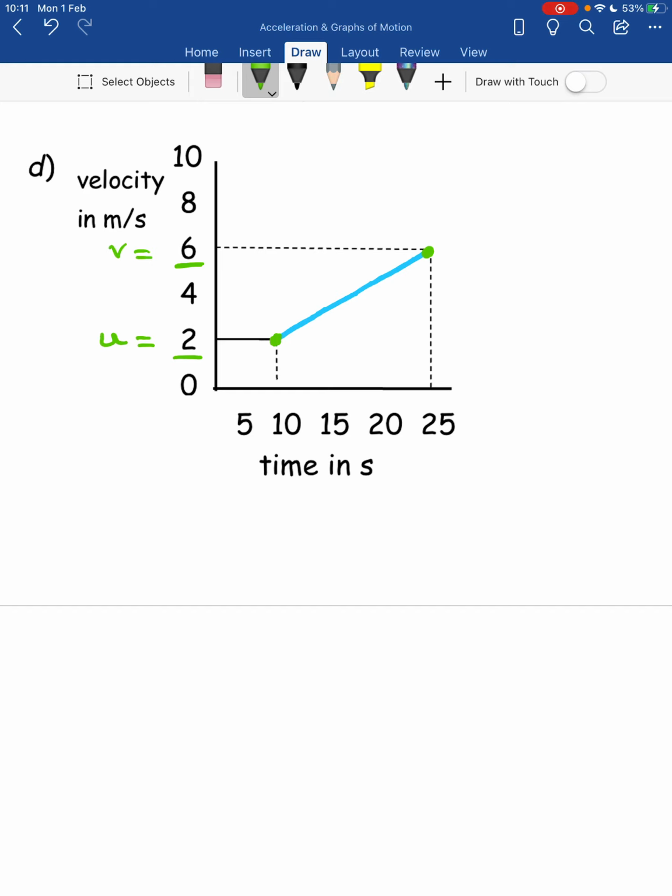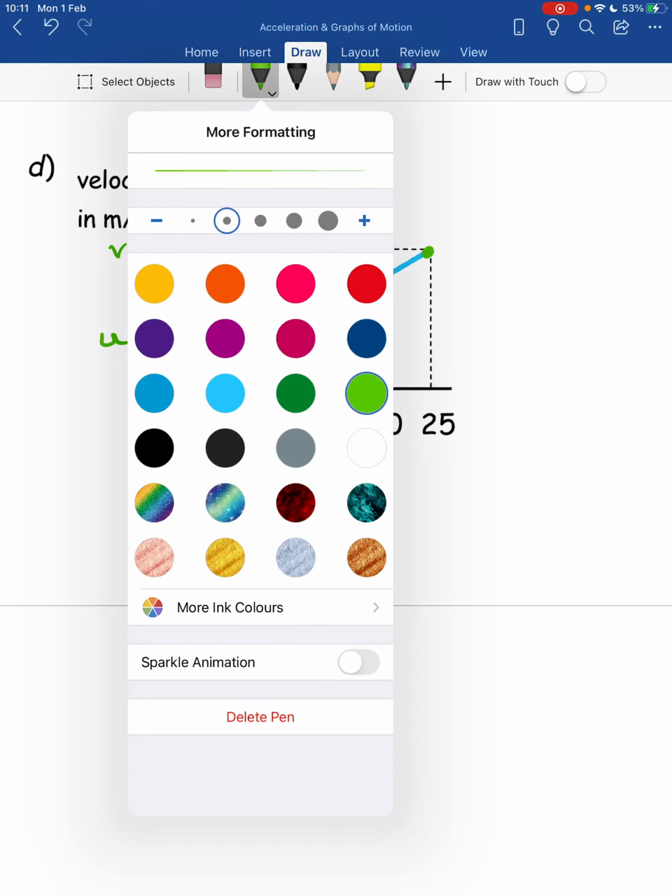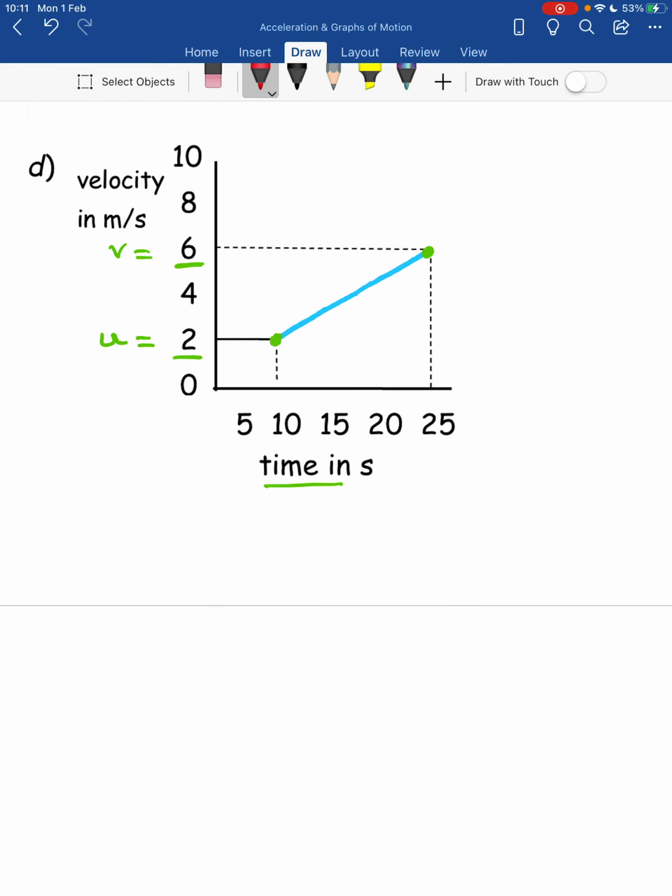The time along the x-axis doesn't start from 0 and finishes at 25. So we can't write down the time as 25. So if we wrote time as 25, that's not the right answer because it's not accelerating for that whole 25 seconds.